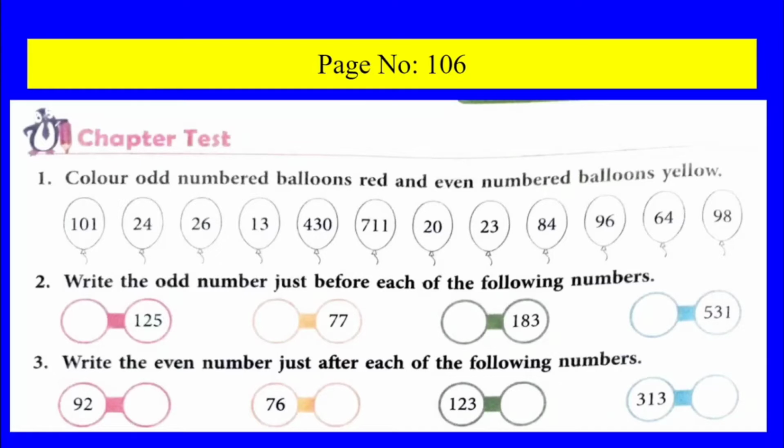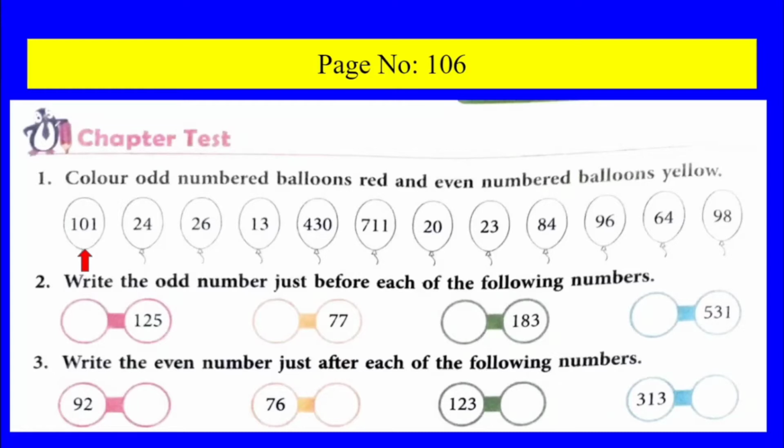So here the balloon has 101 written on it. 101 ends with the number 1. So children, we know that the numbers ending with 1, 3, 5, 7 or 9 are odd numbers. So here 101 is an odd number. So we will color it red.